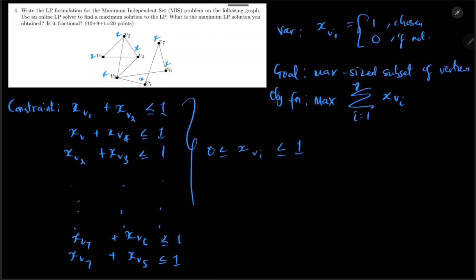And when you enter all of these relationships in an online LP solver, you're going to get something that looks like this. xv1 equals 0.5, xv2 equals 0.5. So you're going to get values for all of the vertices, and they're going to look like fractions because you have relaxed this.